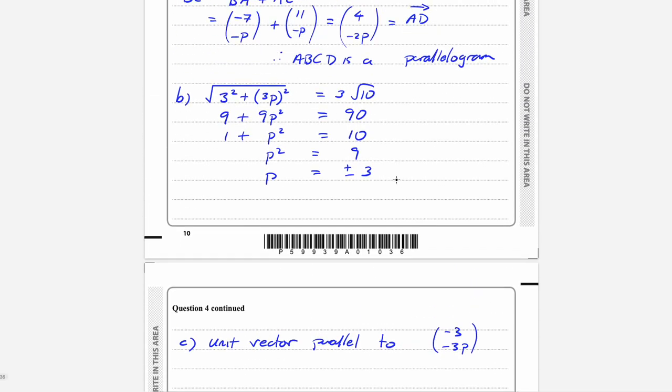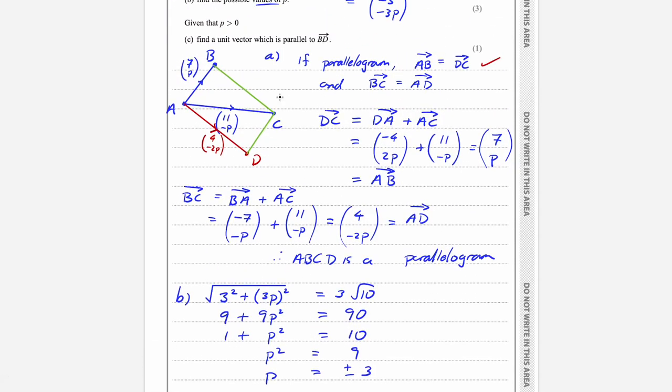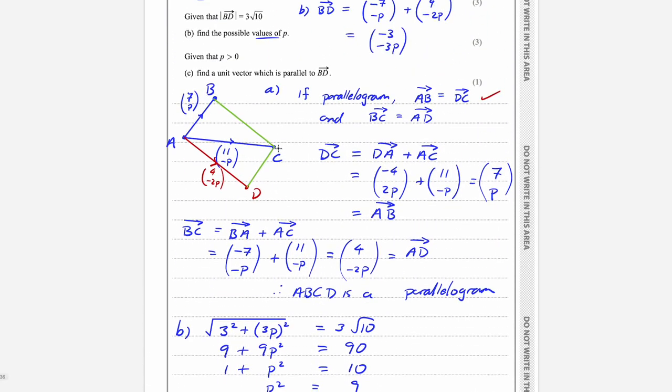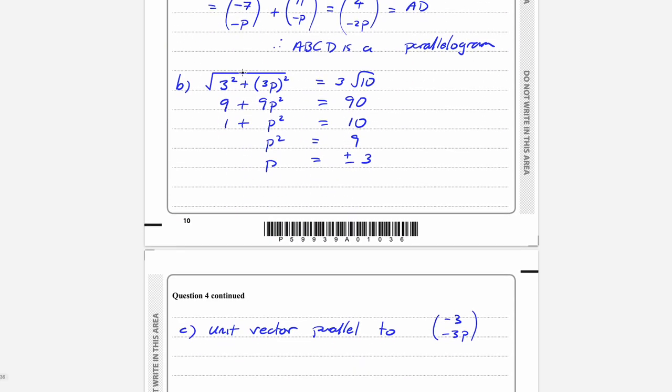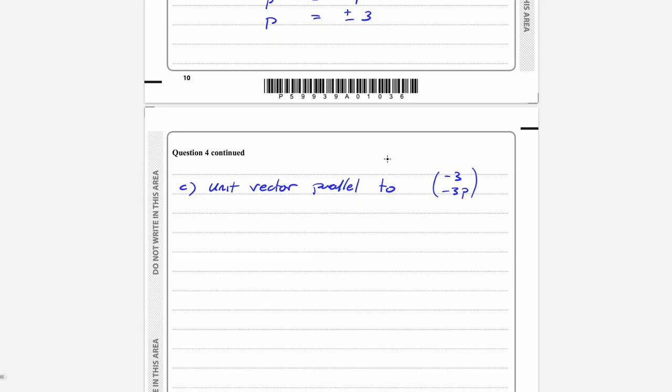Now, does he want it in any particular form? No. He says, given that P is greater than 0. So P is equal to 3. Therefore, this vector is negative 3, negative 9.